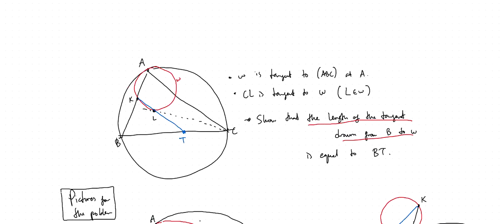Yeah, we can. What is it? BK times BA. So the length of the tangent is just the square root of BK times BA. You see? This we already know because the length of the tangent squared is equal to the power, as we learned yesterday.